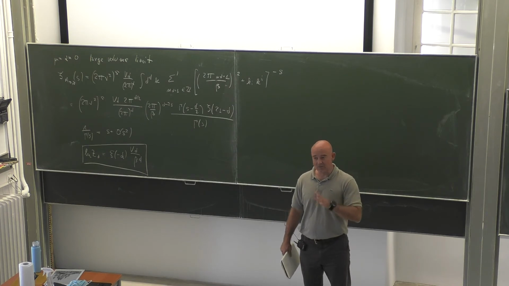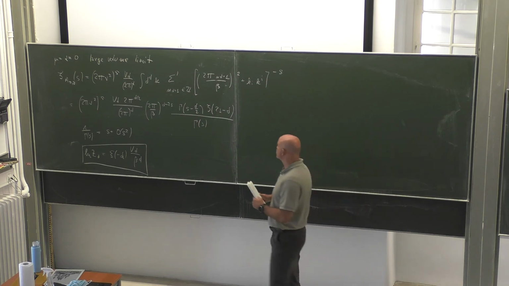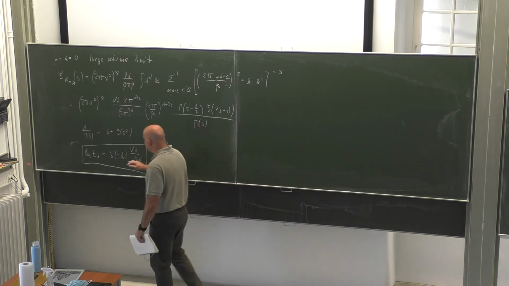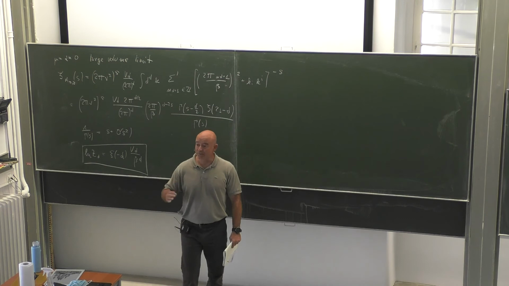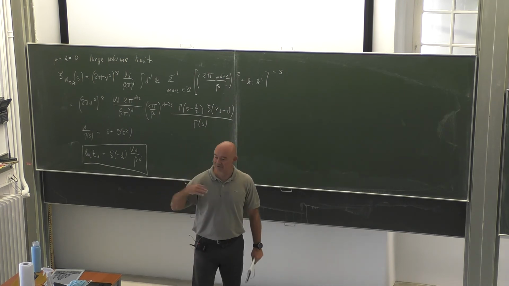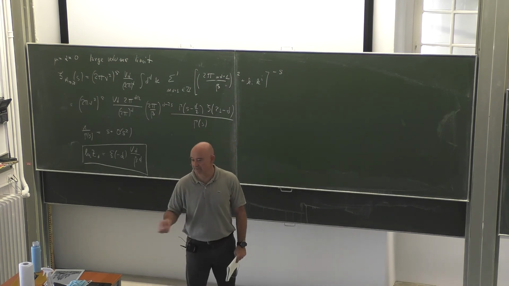But you know that the analytic continuation of the zeta function has very nice properties, and one is this inversion formula. You have to use this inversion formula, which brings you back to the good part of the complex plane, if you want.